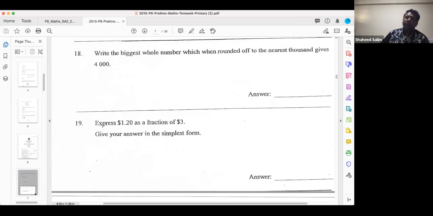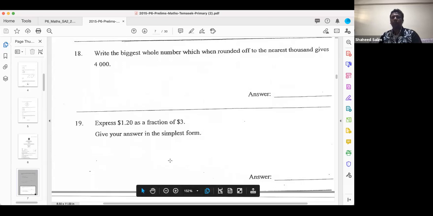Express $1.20 as a fraction of $3. When they put it, you know a fraction has 2 numbers, right?